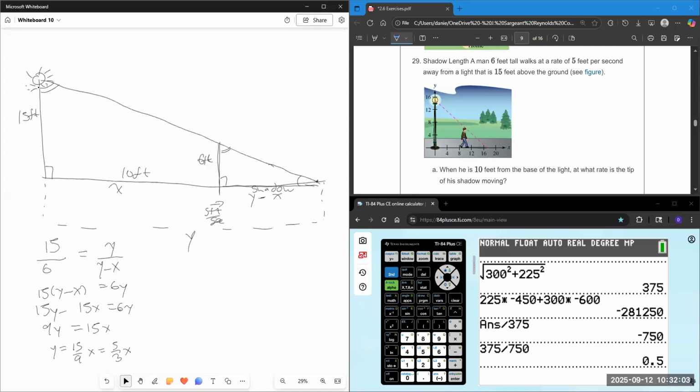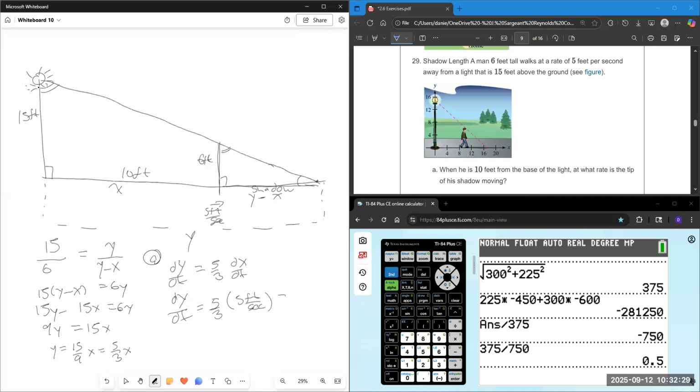So that's going to tell me that dy/dt is equal to 5/3 dx/dt. This is going to be my answer for part A. dy/dt is going to be 5/3 times, he's moving at a pace of 5 feet per second.